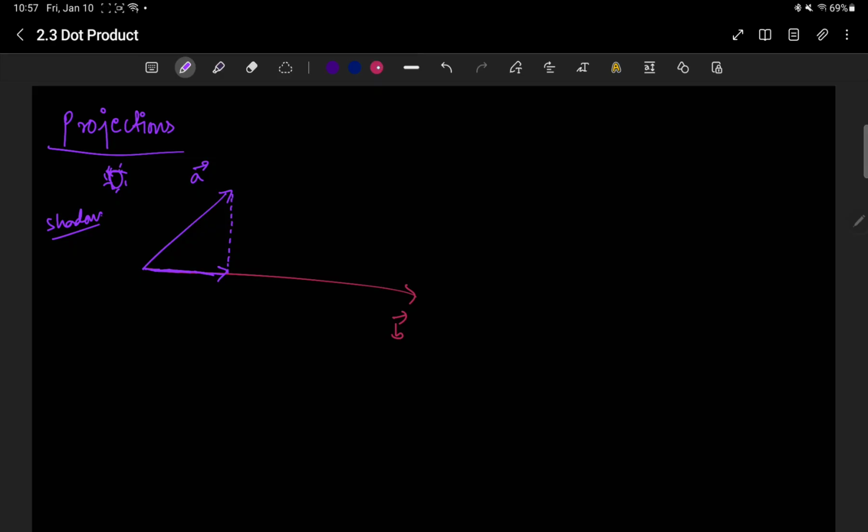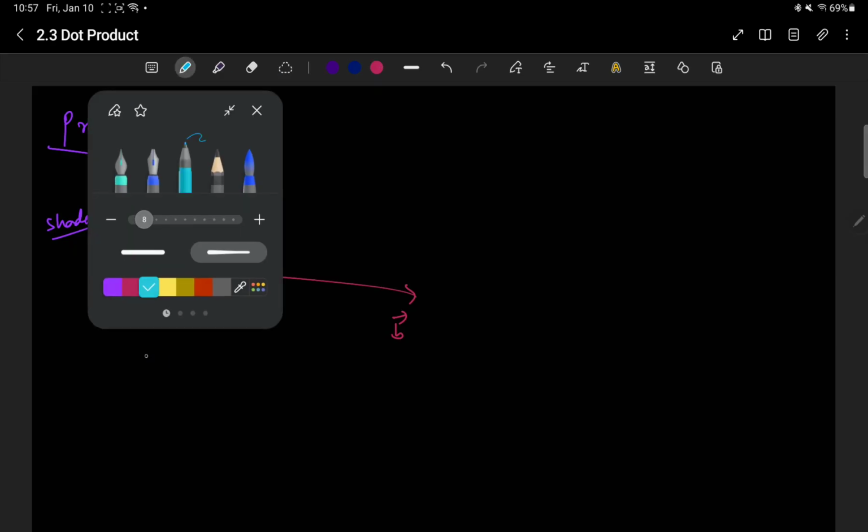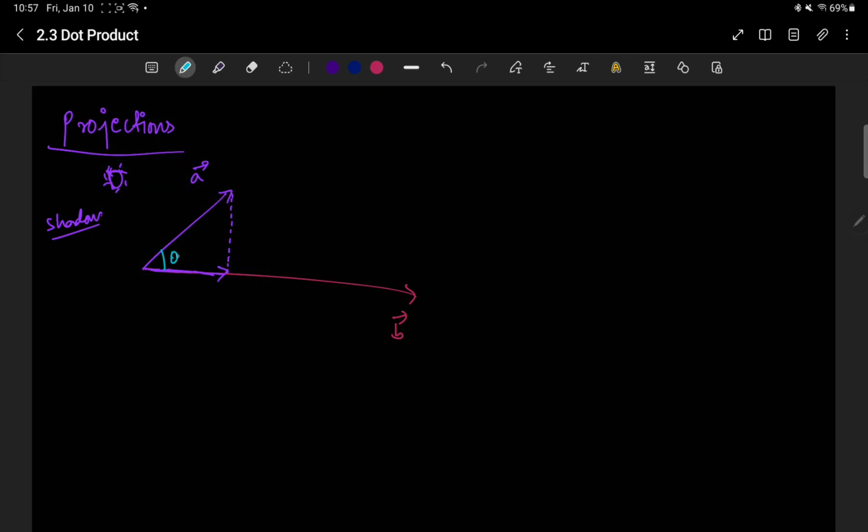Now, using some of the trigonometry, we actually know how to find this unknown side. If you know this is theta and the length of this is the magnitude of A, then with respect to theta, that is your adjacent and hypotenuse.